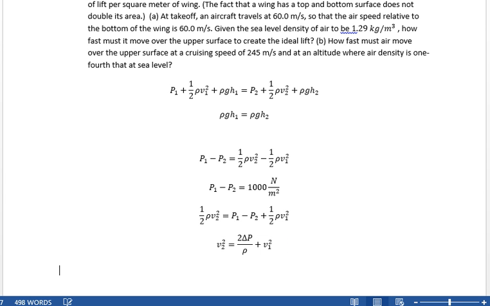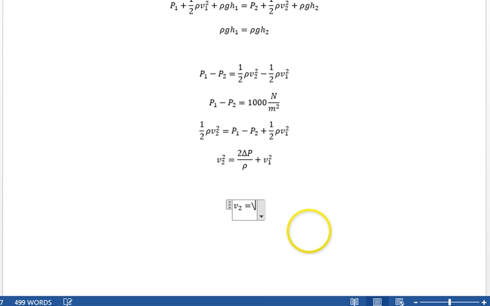All right, and the final little bit, we just take the square root to get V2 equals the square root of, I'm just going to copy this. V2 is the square root of all that stuff.